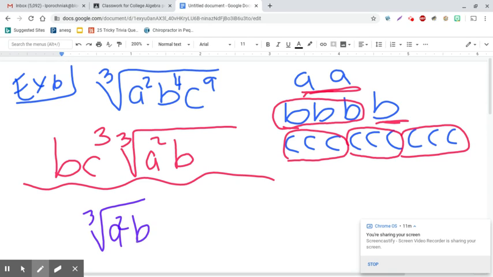The cube root of A squared, B to the 4, C to the 9. All right, guys. Can 3 go into 2? It can't. So we're going to keep our A squared inside because 3 cannot go into it. So for your tiny 3 there. Now let's look at B. Can 3 go into 4?